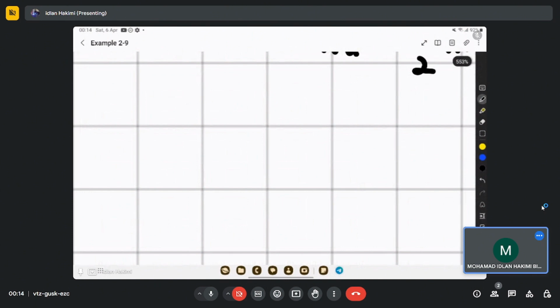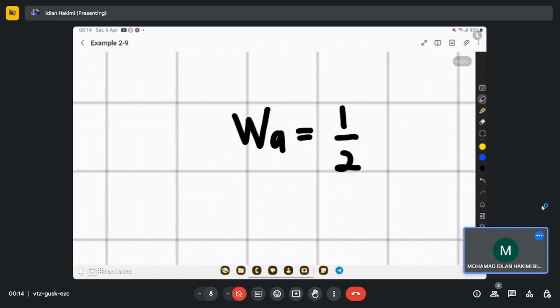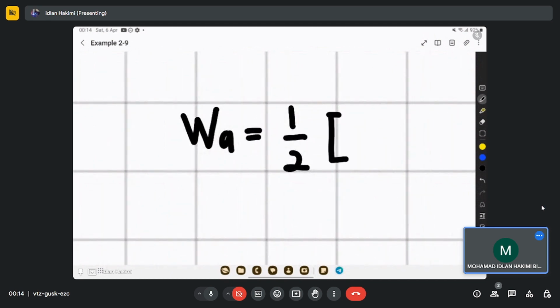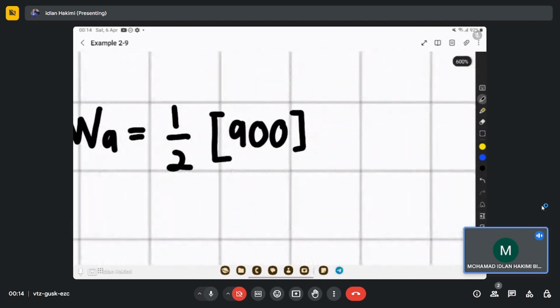So from this we know W_a: first 1 over 2, the mass of the car is 900 kilograms, and then the velocity.